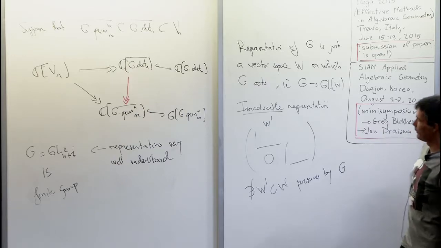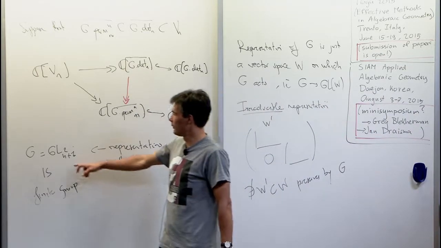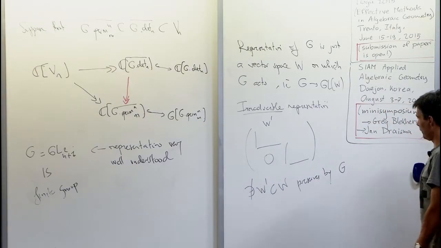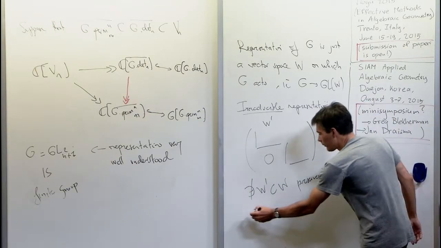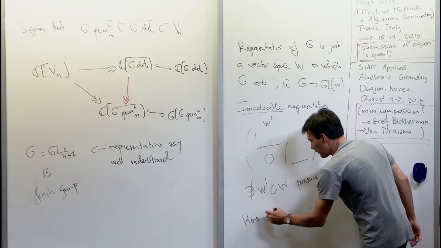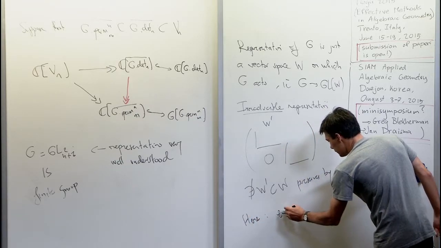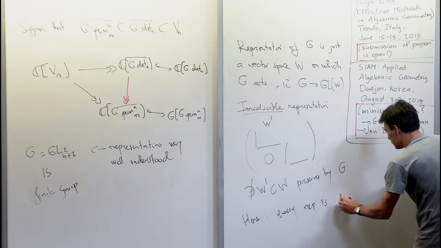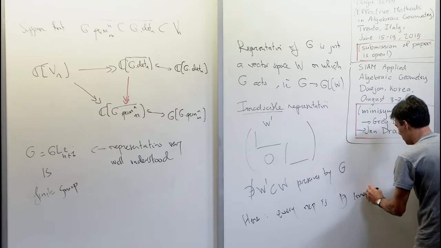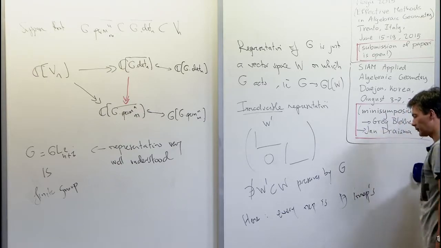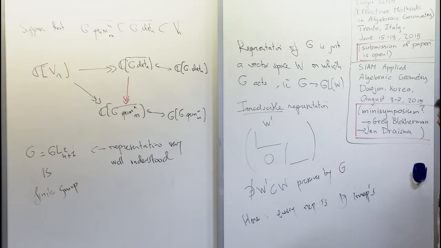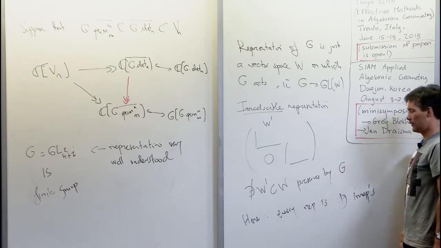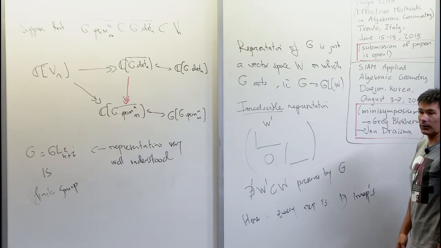And these kinds of groups, finite groups or the general linear group, have this very nice property that every representation is a direct sum of irreducibles. So if you want to understand representations, you just have to understand these irreducible representations.